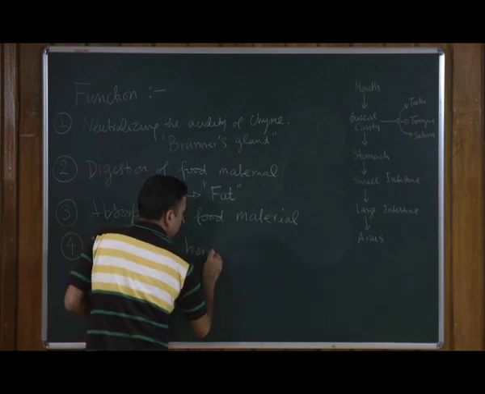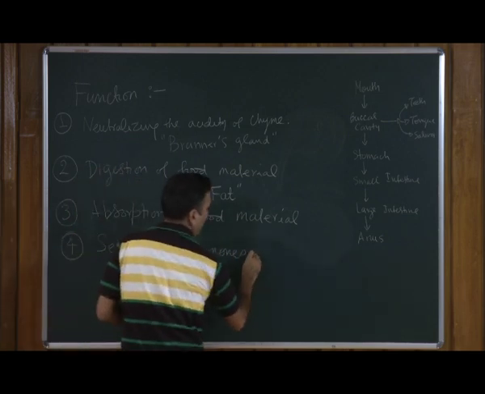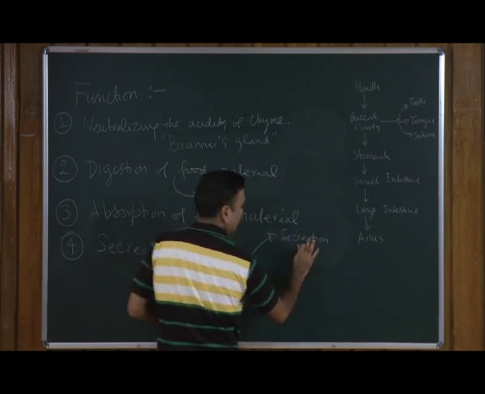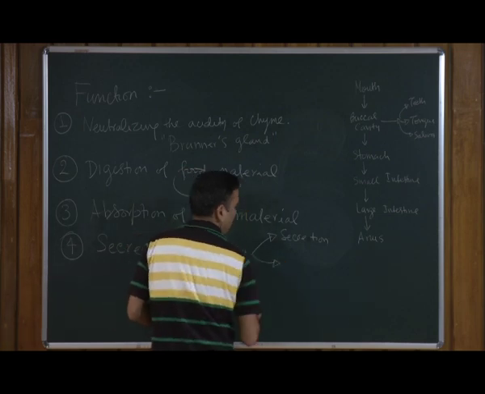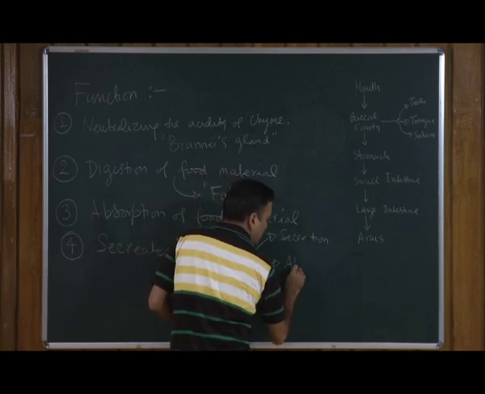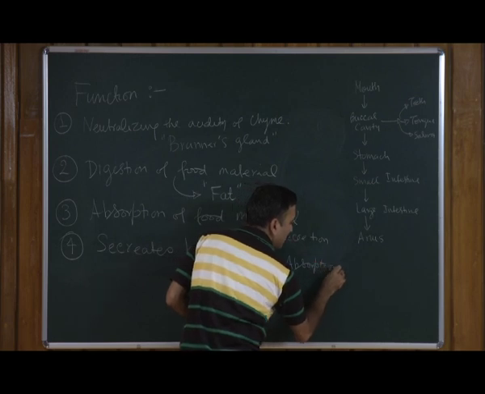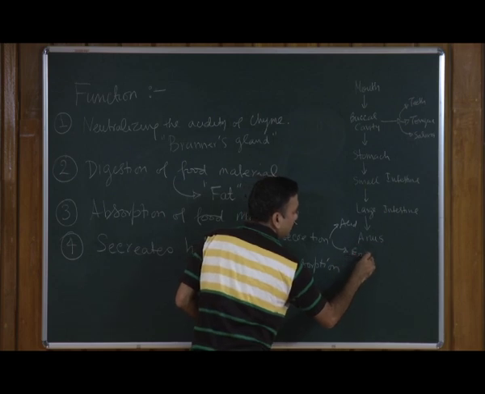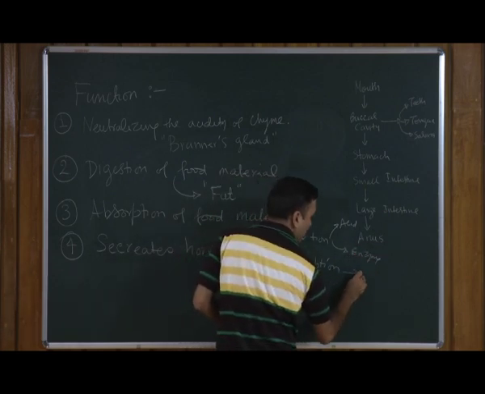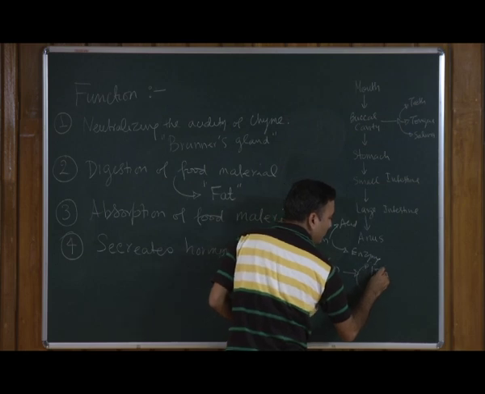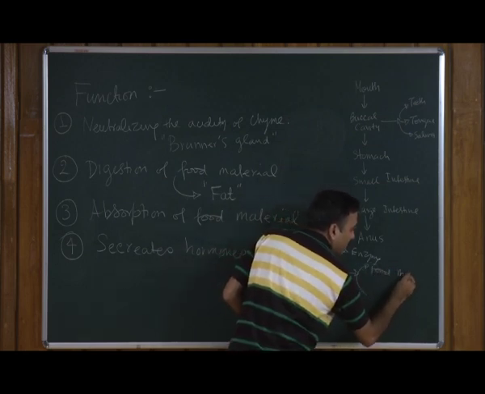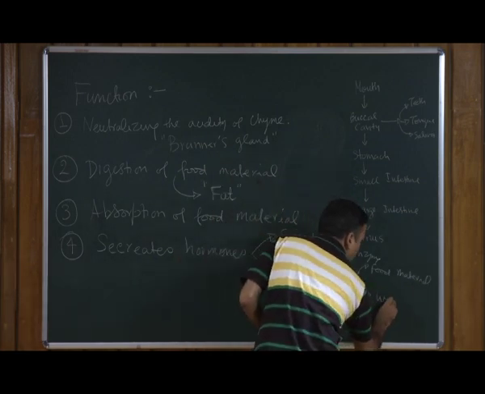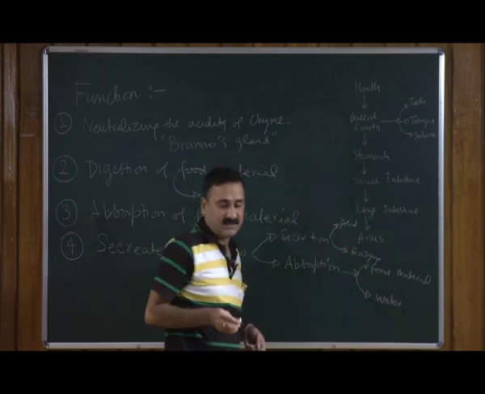hormones to control two parts. One is secretion and the other is absorption. Secretion of acid, secretion of enzyme, and absorption of both: absorption of the nutrients present in the food material, or the absorption of water which happens in the large intestine.